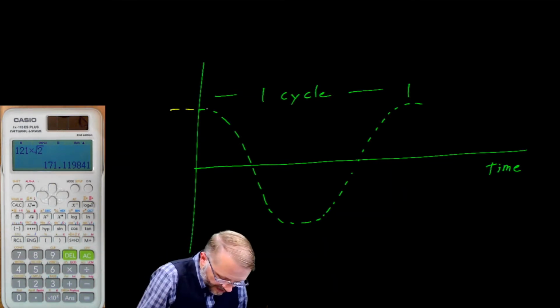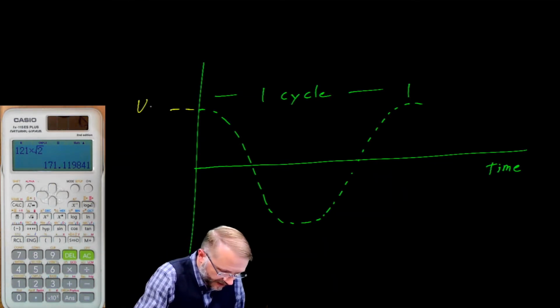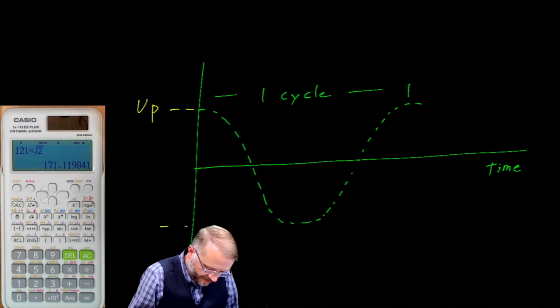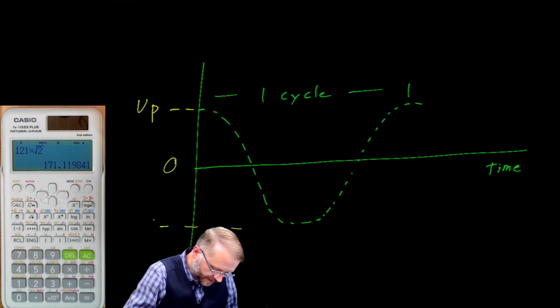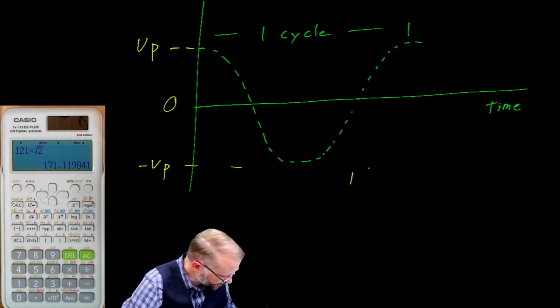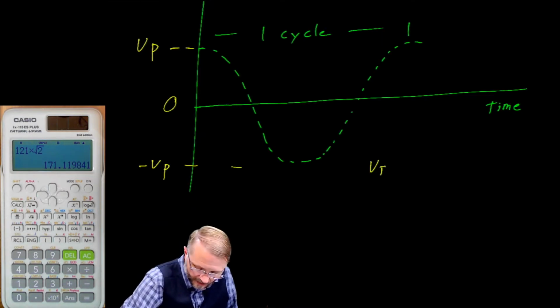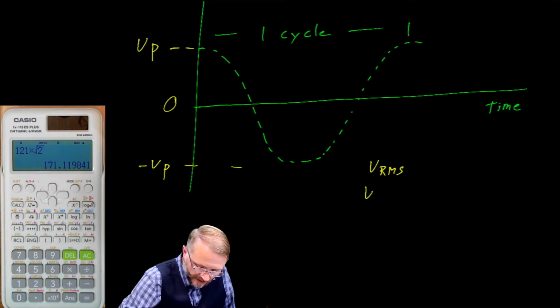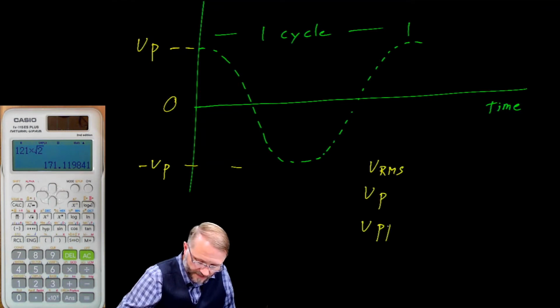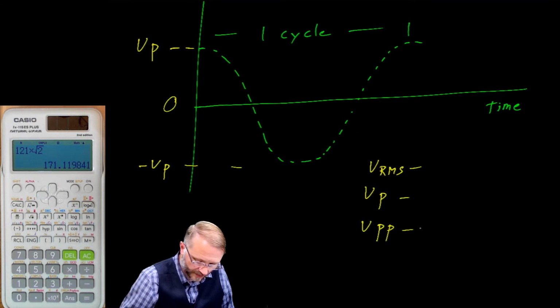We described a peak voltage, so this is V peak. And if there's a peak, by the way, this is 0, there's also a negative volts peak, which means we could talk about the RMS voltage. We could talk about a volts peak. We could even talk about a volts peak to peak, again, depending which way you wanted to go.